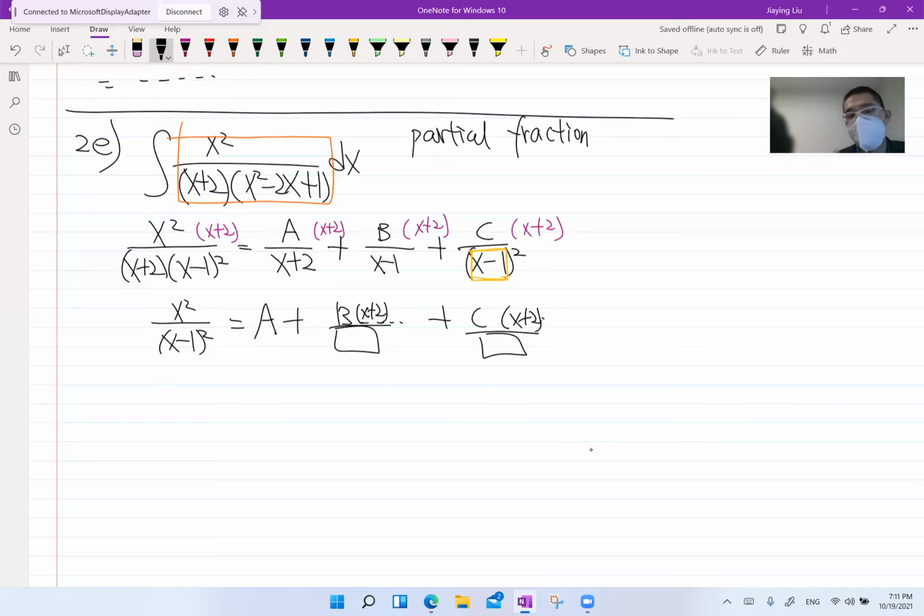Then I plug in -2, so the b and c terms vanish. I end up with a left, and plugging in -2, I get 4 over (-2 minus 1), which is -3 squared, 9. So that's a.